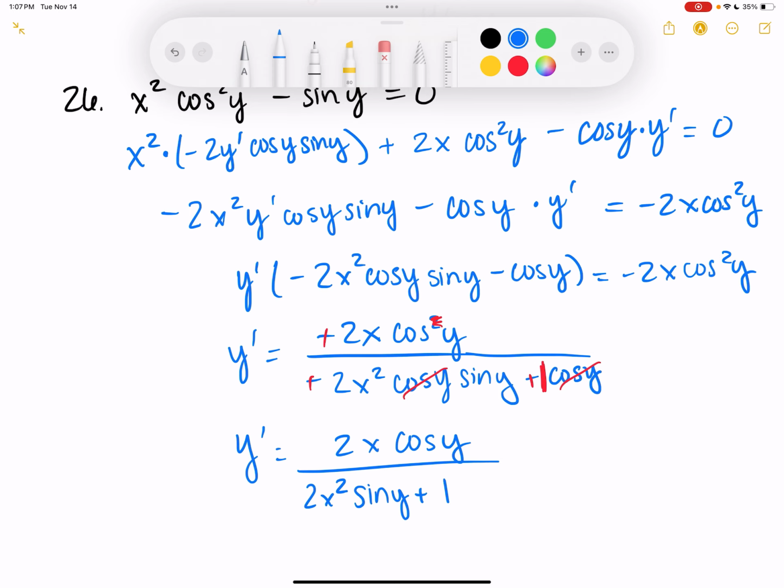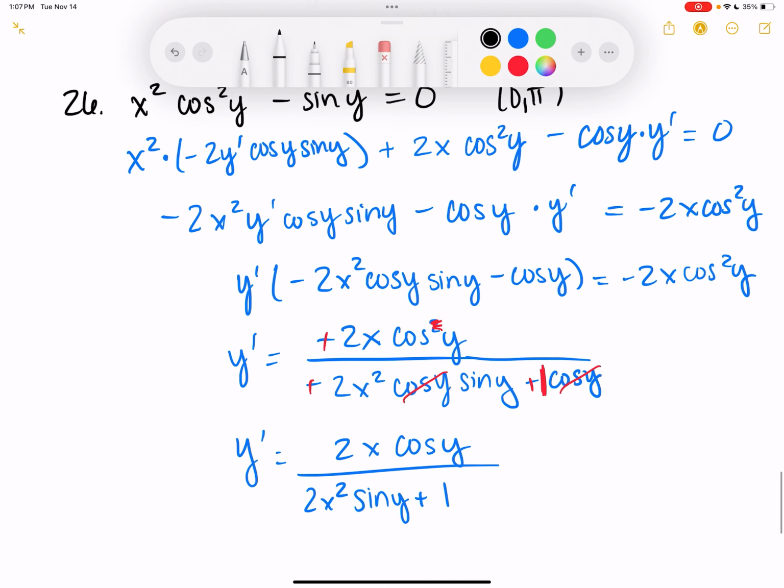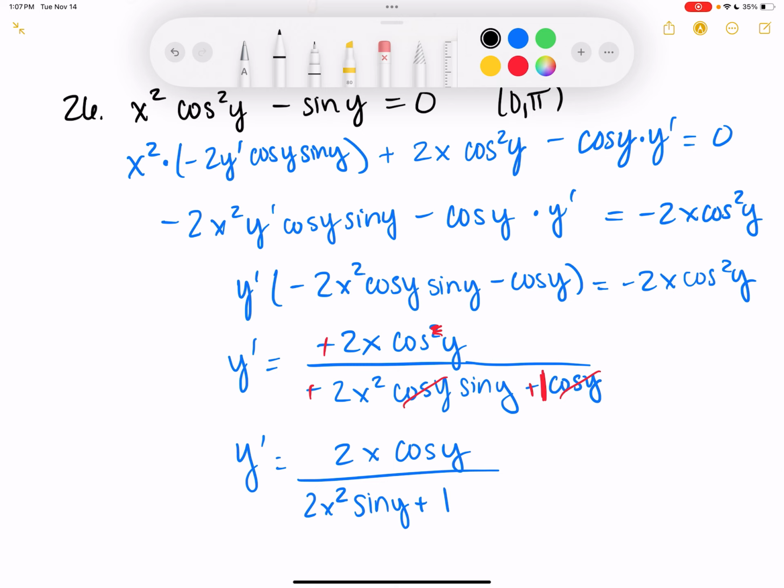So now I can plug in the numbers. Oh, I didn't even write those down for you. We weren't worried about the numbers. 0 and pi. So x is 0, y is pi. So this is going to be 2 times 0 times the cosine of pi divided by 2 times 0 times the sine of pi plus 1.